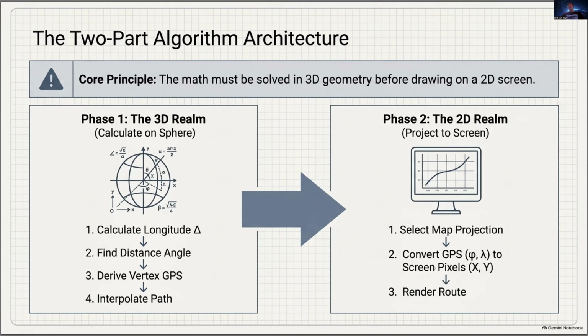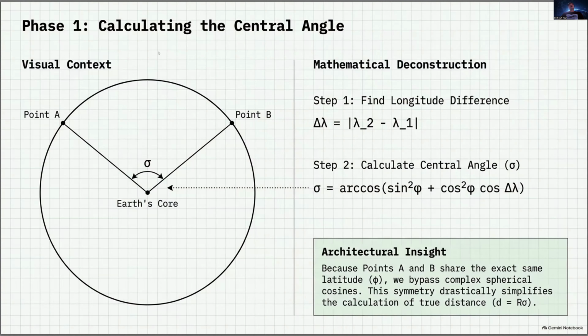Select map projection from the GPS to screen pixel XY, render route. Calculating the central angles is an easy way. Mathematical demonstration: the distance of delta gamma is longitude. Find the longitude difference.